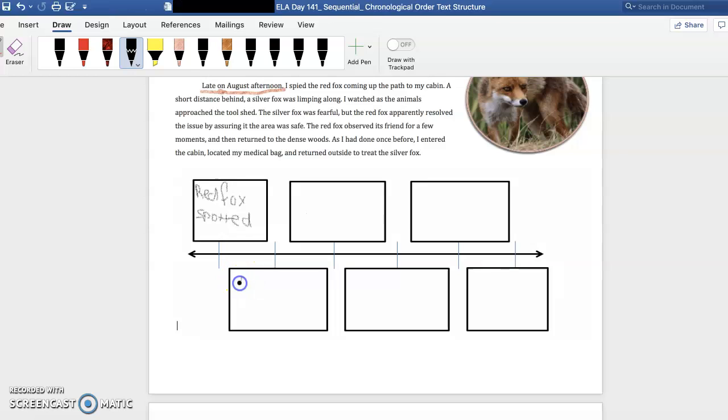So we have medical bag. And guys, when you use a separate sheet of paper, you can write it in full sentences. But right now, since I have the marker, I can only write a few. I know that this looks horrible, but we're just going to make it work. So he went to grab his medical bag, okay?